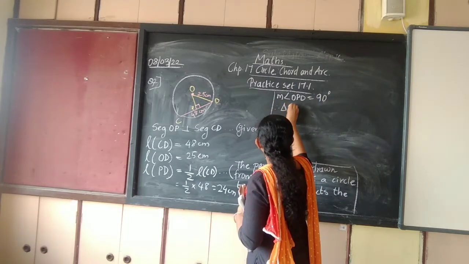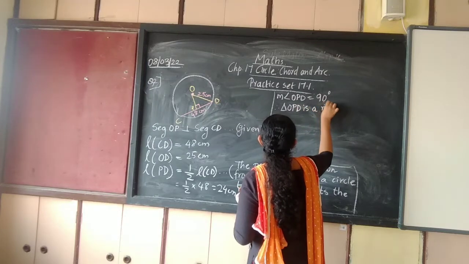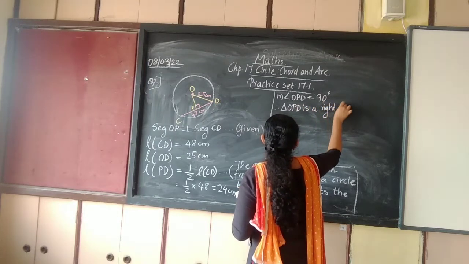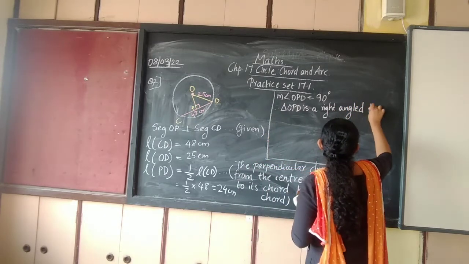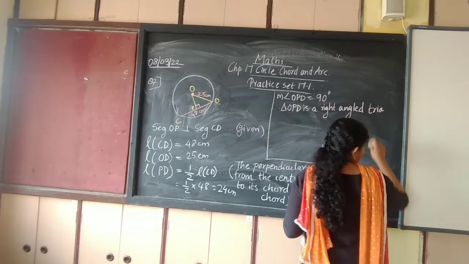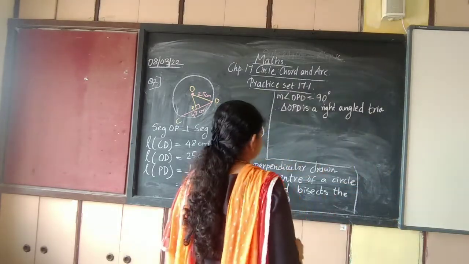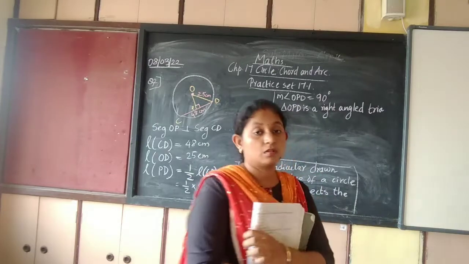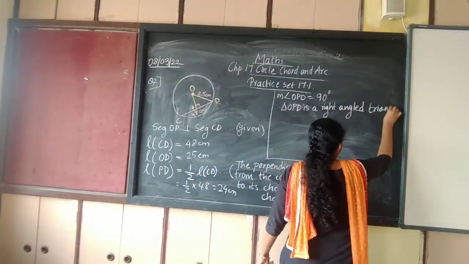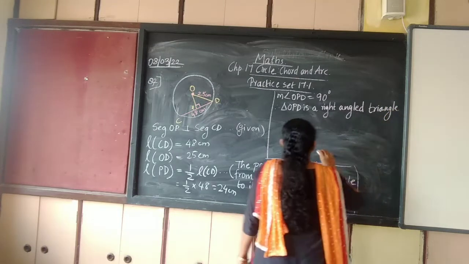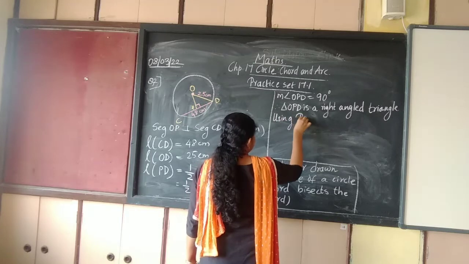Therefore triangle OPD is a right angled triangle. So we can use the Pythagoras theorem. You can write, using the Pythagoras theorem.